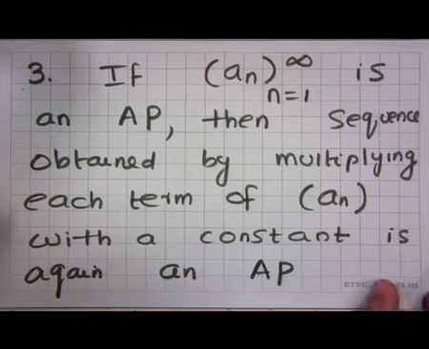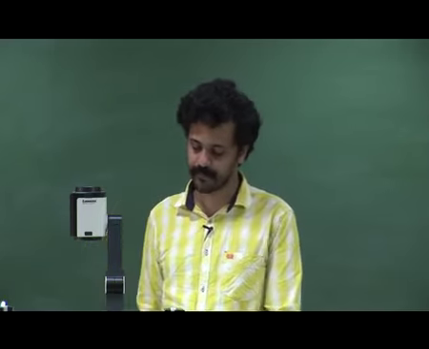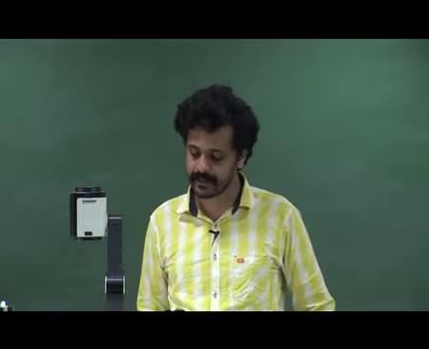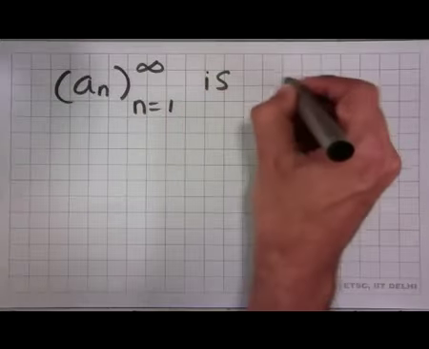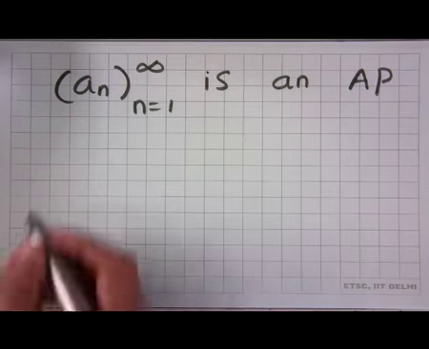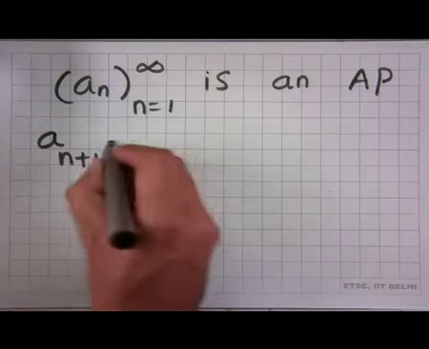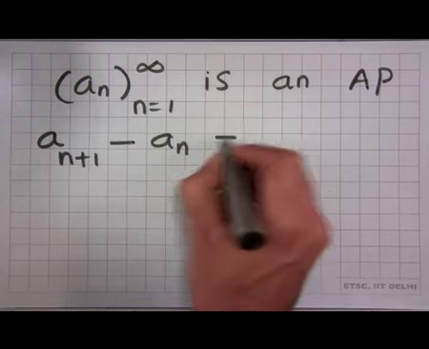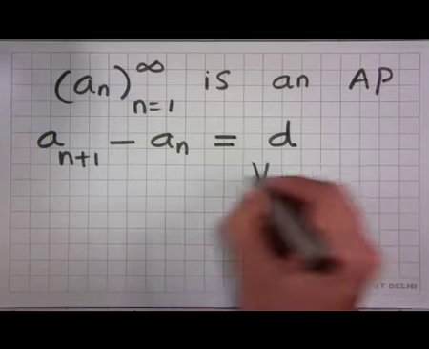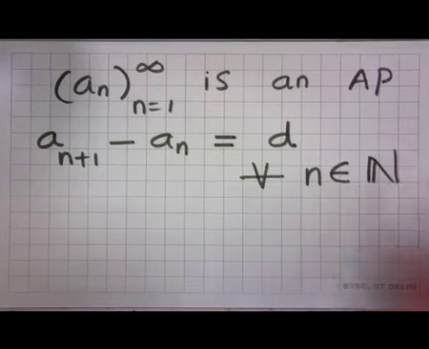Though it is straightforward, let us work out the details. Our assumption is that a_n is an AP. It means a_(n+1) minus a_n is a constant, let us call it D, for every n an element of the set of natural numbers.